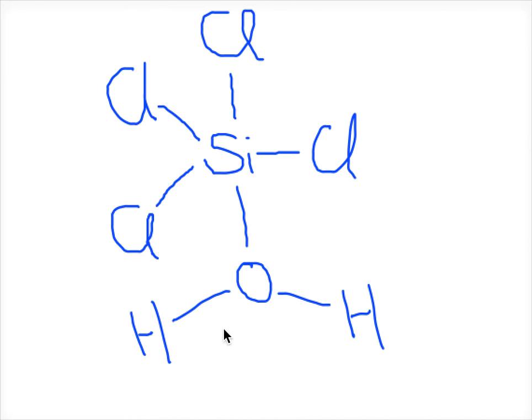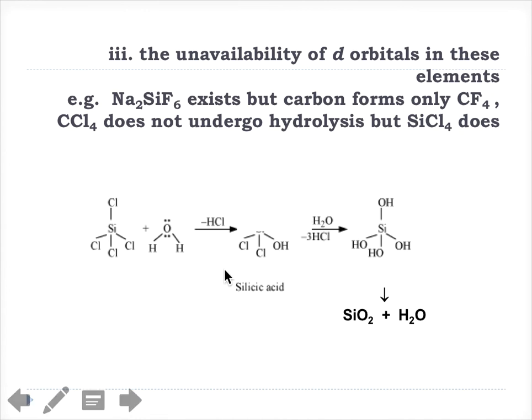After it forms this intermediate, the H will get kicked out by the O, and the silicon will kick out one of the chlorine, and this will result in HCl being formed. So it attacks, kicks out one of the chloride, and kicks out HCl.